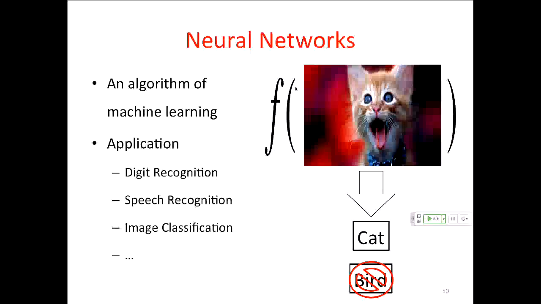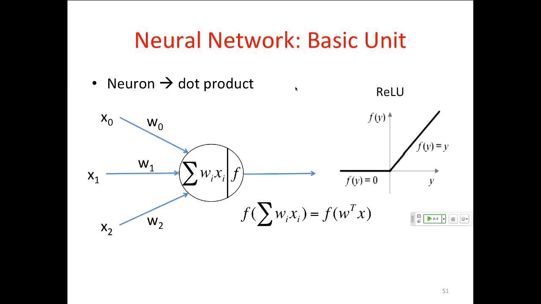And so you are optimizing convolutional neural networks. Neural networks are an algorithm of machine learning. Its applications are digit recognition, speech recognition, image classification, or whatever. And here's a basic unit of neural networks.